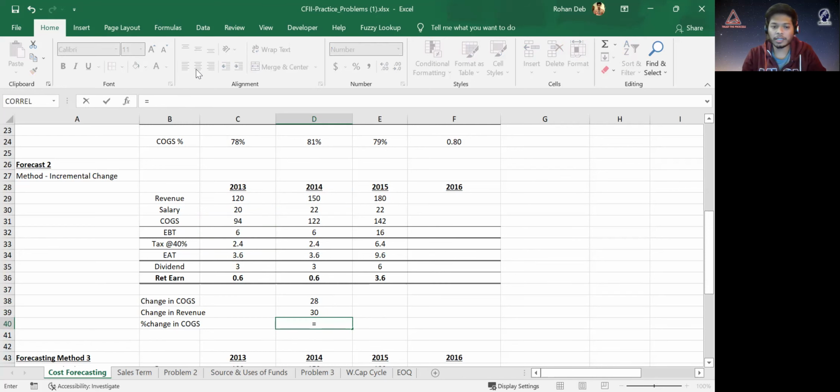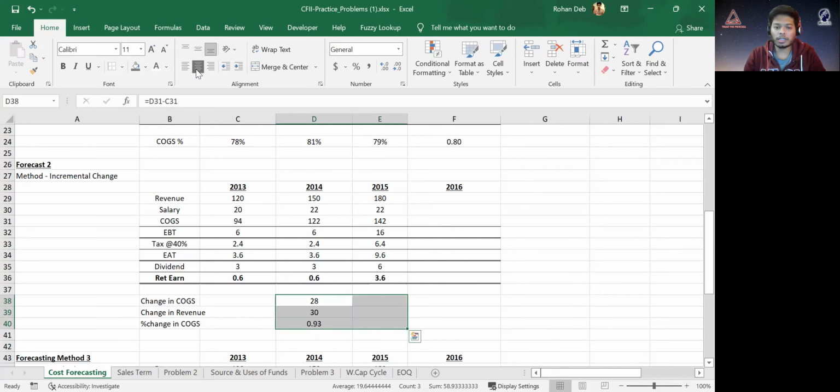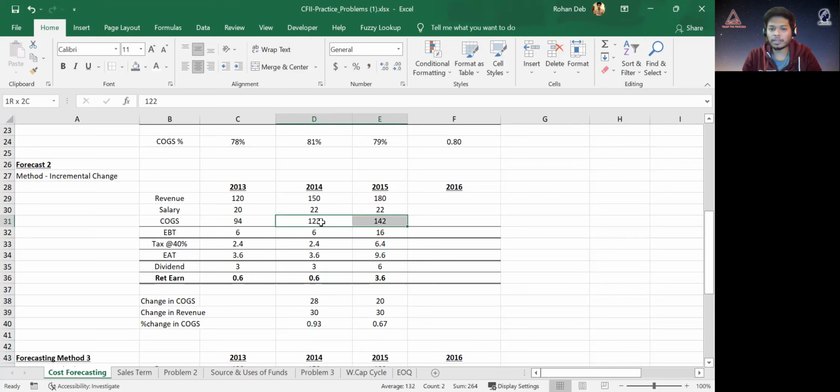So you find a percentage of that, so divided by 93. Okay, now you copy that to the right, and so you'll get next year the cost has increased by 20 and the revenue has increased by 30.